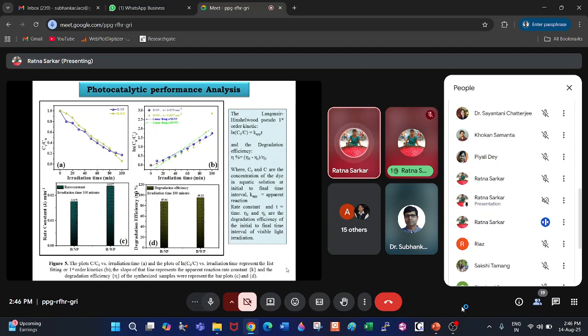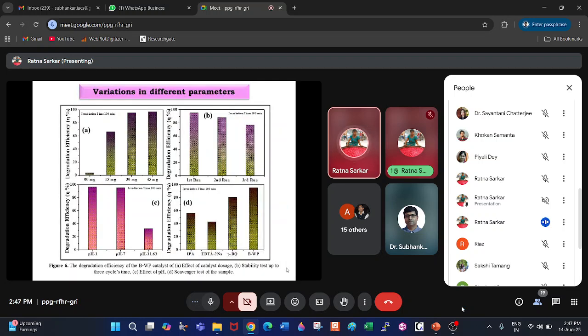The with PVP sample has a higher rate constant. And figure D is the degradation efficiency bar plot for both samples, where the with PVP material has a much higher efficiency than the other.